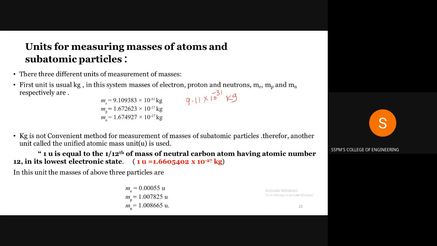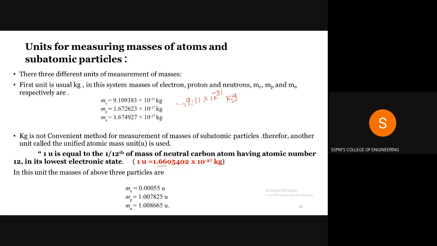So one atomic mass unit equals 1.66 × 10^-27 kg. In this unit, the masses of the above three particles are expressed most frequently, in order to solve the examples we are using.